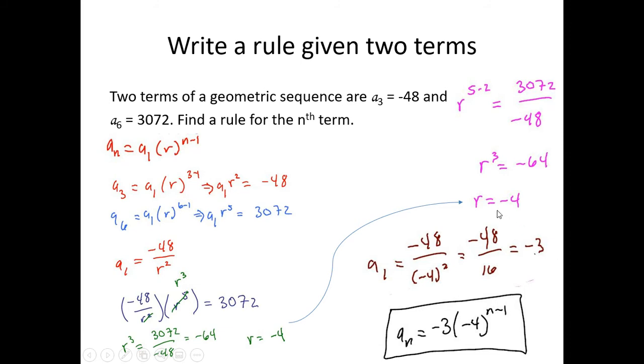I'll give you a couple seconds to jot those notes down. So again, there are two different ways that we could find what r is. Either way gives us the correct answer.